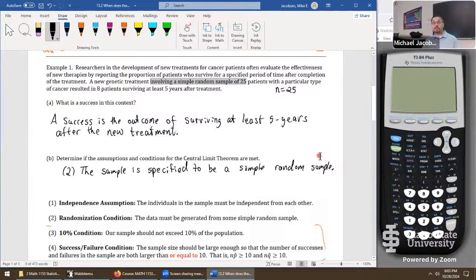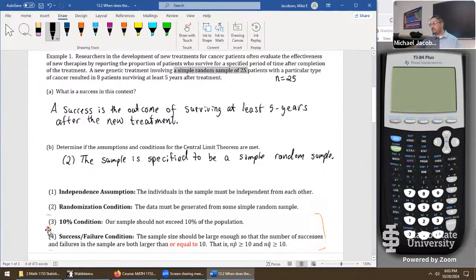So we have good randomization. In fact, we have the gold standard of randomization. The simple random sample is the best one for our methods. So that wasn't too much, right? We just look through the context and see if we can find that part. We can, so part 2 here is confirmed.